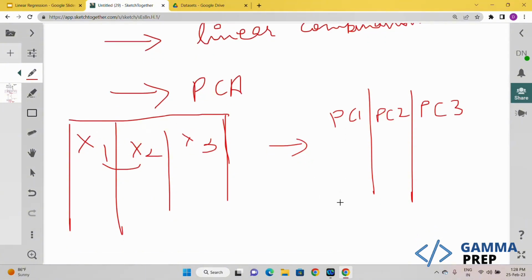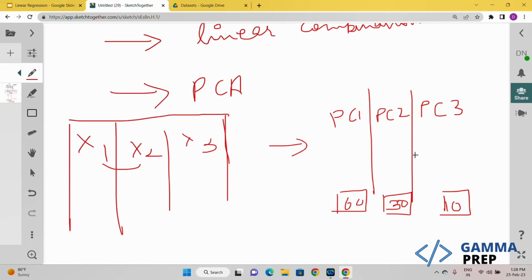Essentially, this principal component will carry maximum information, let's say 60%. This is going to carry, let's say, 30% of the information, and this one 10% of the information. So the first principal component will carry the maximum information of the data, followed by the second and then the third.